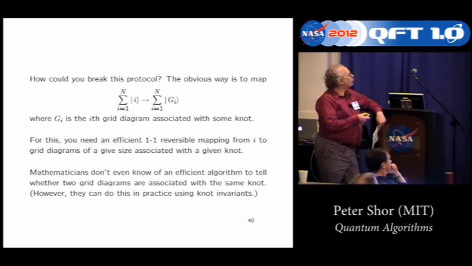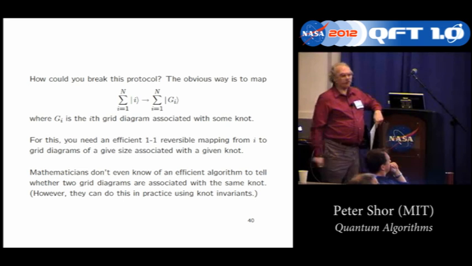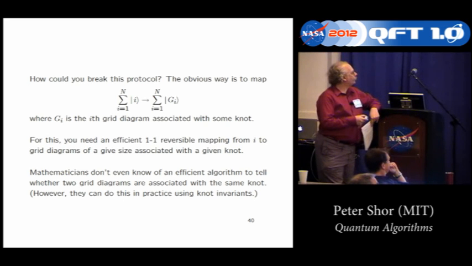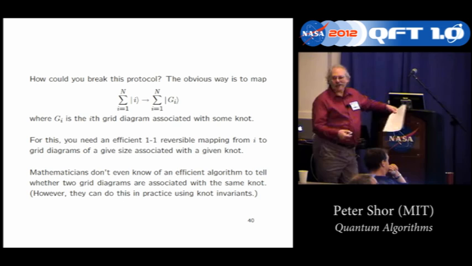Okay, so how can you break this protocol? The obvious way is to find some way of mapping the numbers from 1 to n into the superposition over all G sub I, where G sub I is the ith grid diagram associated with some knot K. And for this, you really need an efficient one-to-one reversible mapping from I to grid diagrams of a given size associated with knot K. And mathematicians have no idea how to do this.